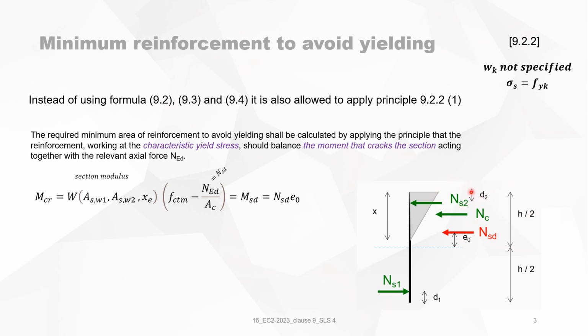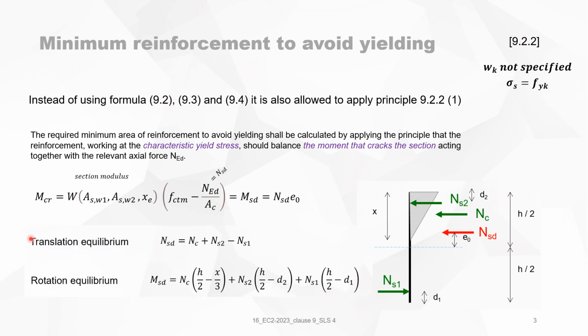The compressive force in the steel AS2 is equal to NS2. The compressive force of the concrete is NC, and the total external force is NSD or NED with an eccentricity E0, and the tensile force in the reinforcement is NS1, acting at a distance of D1 and a distance of D2. So this is all well known.